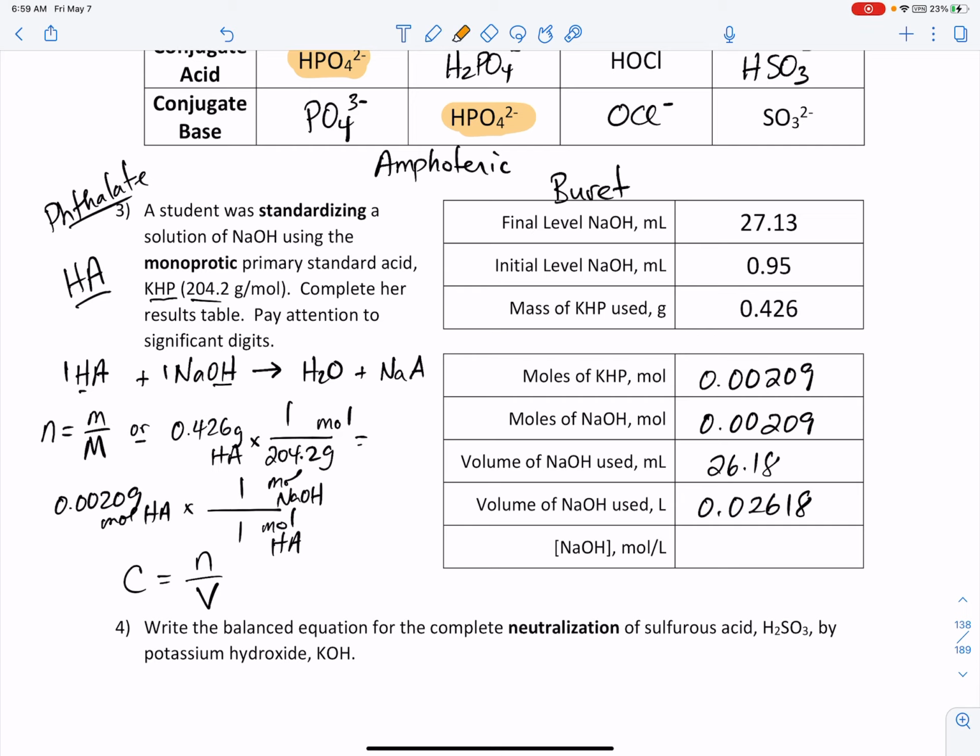So we're just going to take the moles of base, 0.00209, and divide by the volume of base, 0.02618. And we get, with 3 significant digits in our answer, 0.0798 moles per liter. And now we know the concentration of the base has been standardized.